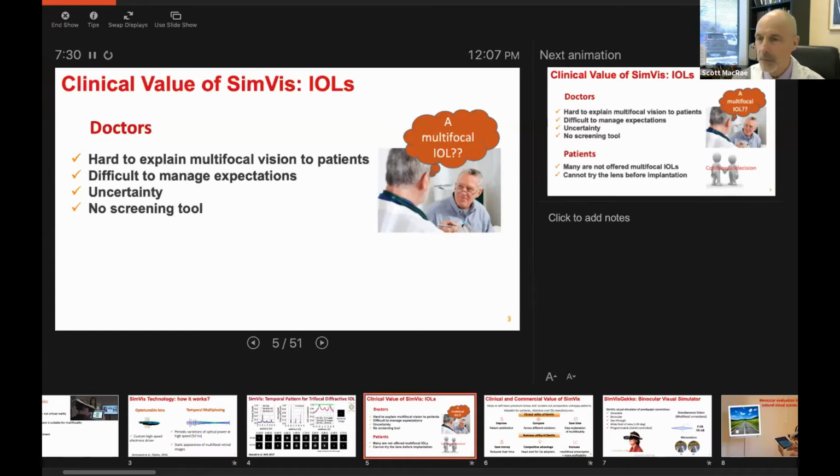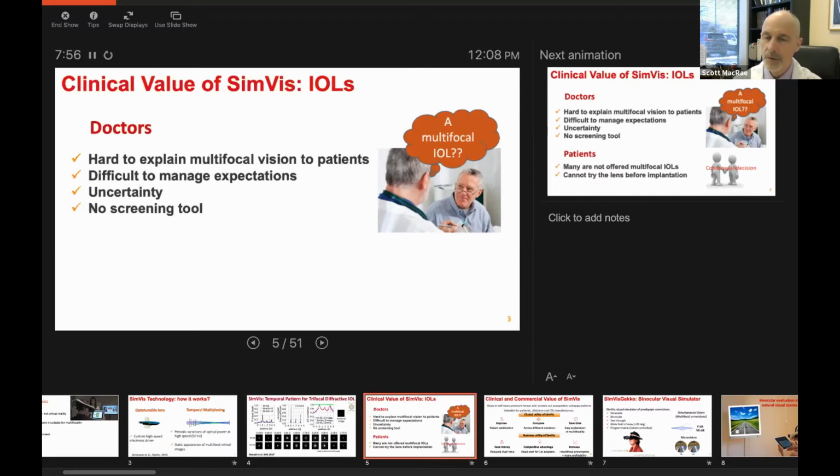The other problem that we have, the other barrier, is that it's very uncertain. We don't know which patients are going to be doing well with this system and which patients are not going to be doing well. And so this allows you to actually simulate this for the patients so that you get a really reasonable idea as to whether they'd be a successful candidate or whether they are not going to adjust to this at all.